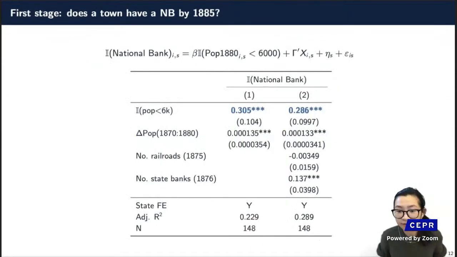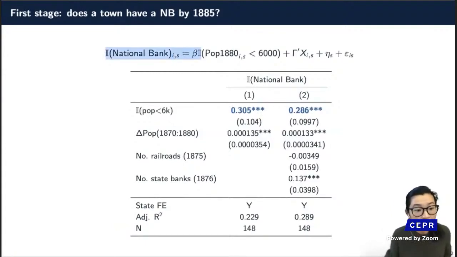So the first stage for that comparison is the following regression, where on the left-hand side, we have this indicator for whether a given town i in state s has a national bank at the post period. So again, for the baseline, we choose a post period of 1885, but we can choose earlier in the decade or later in the decade, and the results aren't too different.